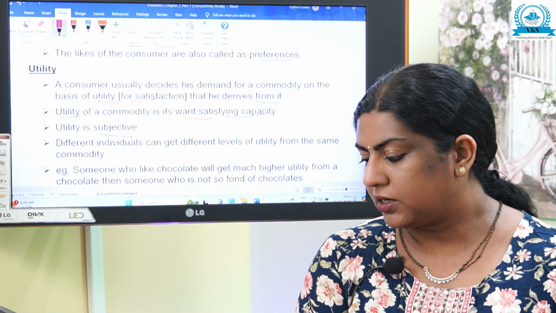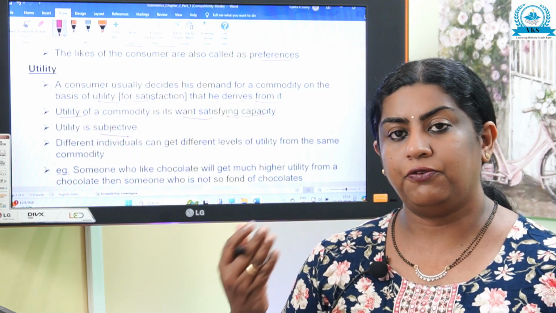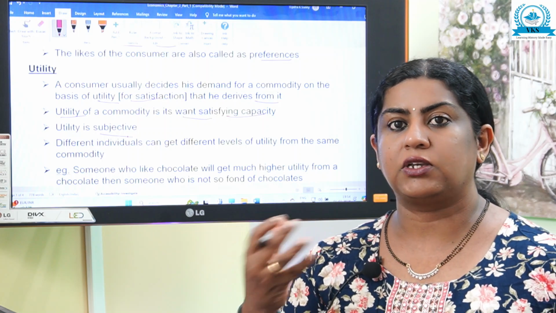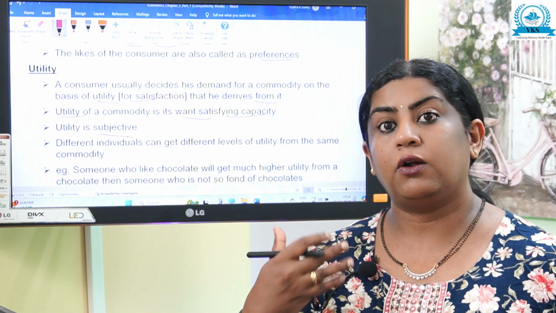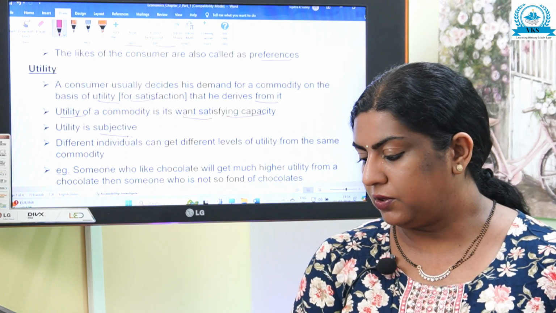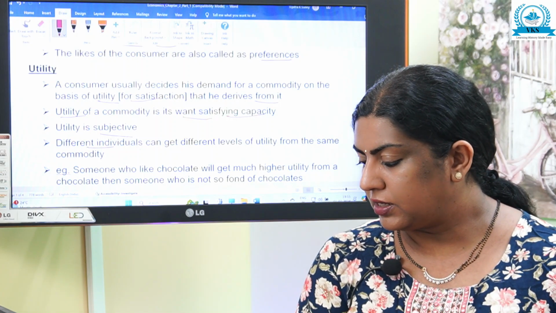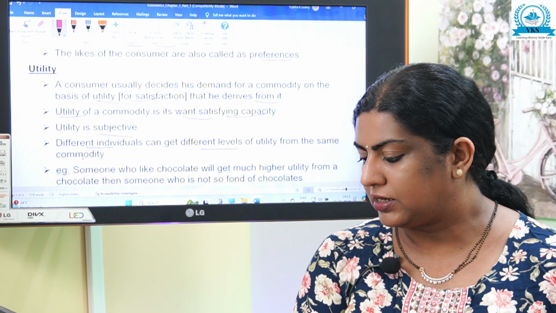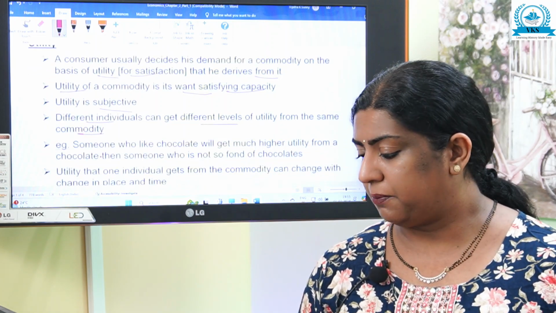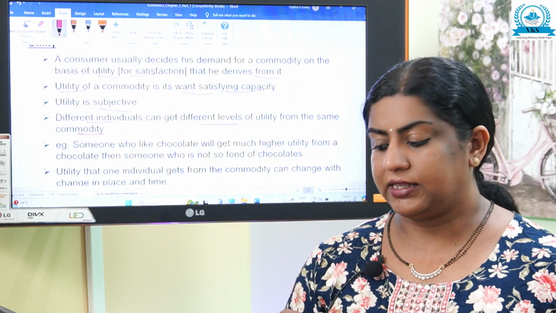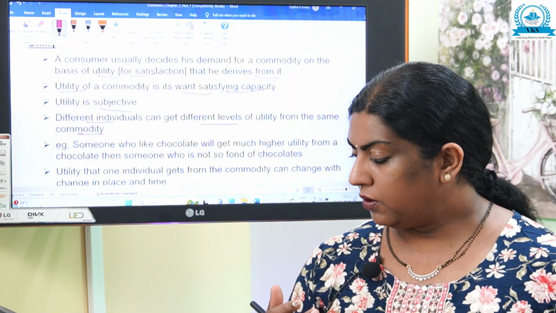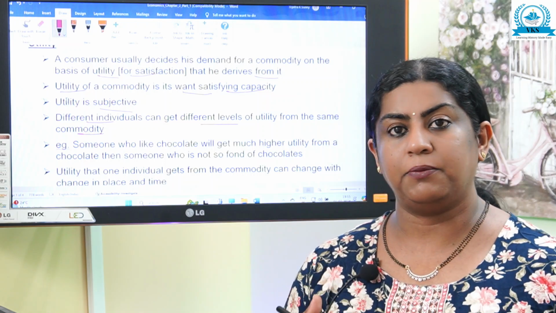Utility is subjective, that is, it differs from person to person. A thing which gives me more utility may not give you that much utility. Different individuals can get different levels of utility from the same commodity. For example, a person who likes chocolates will get higher utility from chocolate.